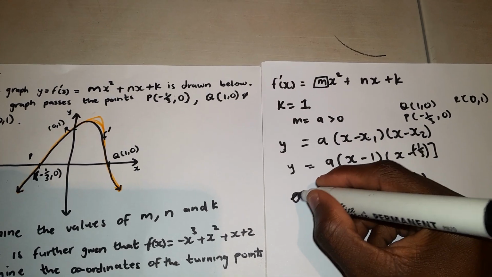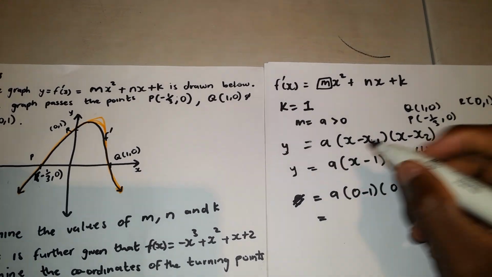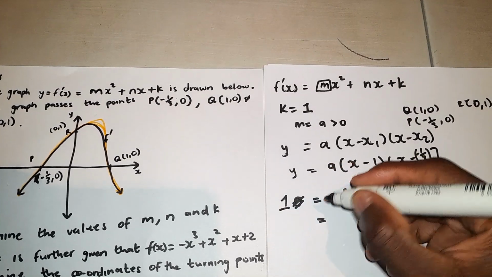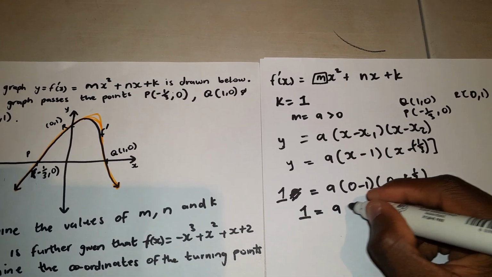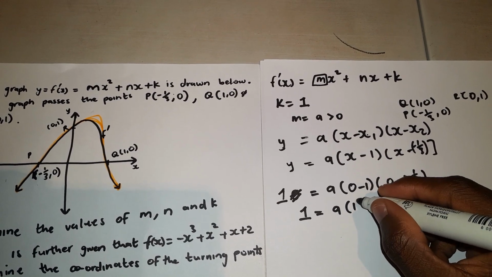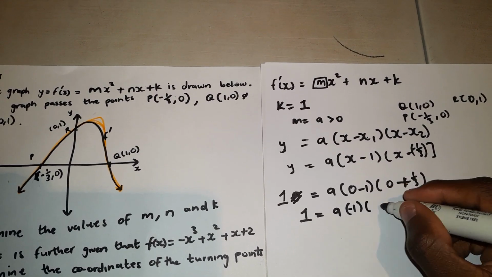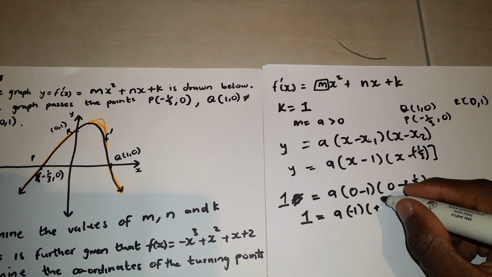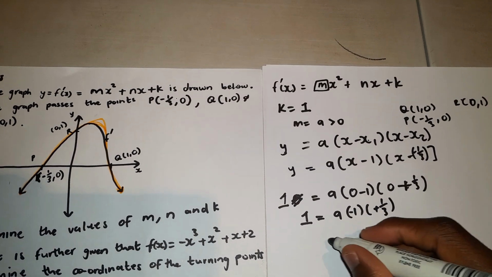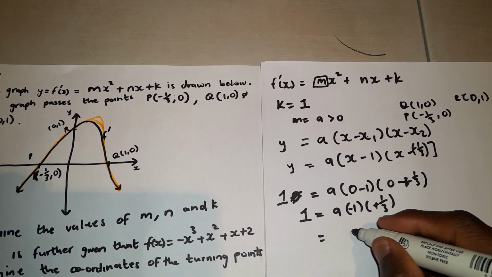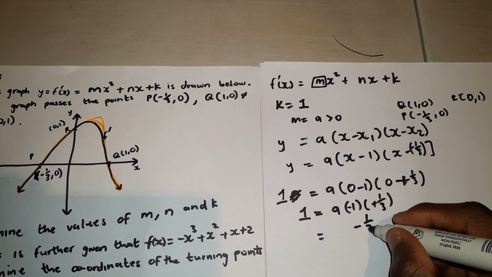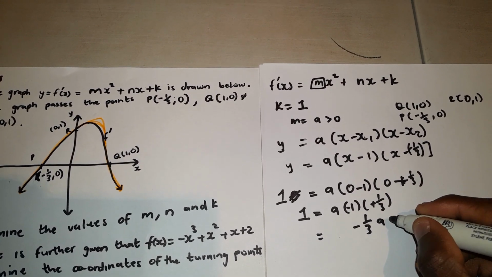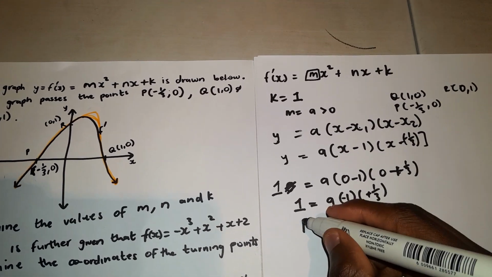Oh sorry, we're supposed to do the y coordinate there. So it's 1 equals a times negative 1 over root 3 multiplied by positive 1 over root 3, which when we multiply those two gives us negative 1 over 3, so 1 equals a times negative 1 over 3.